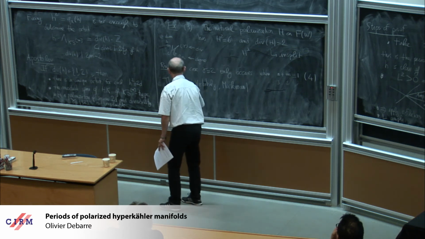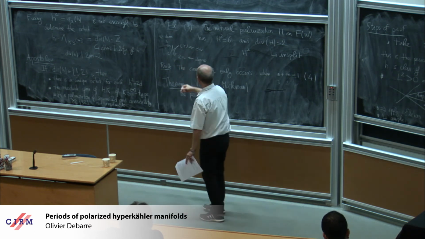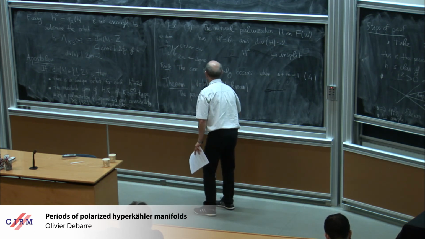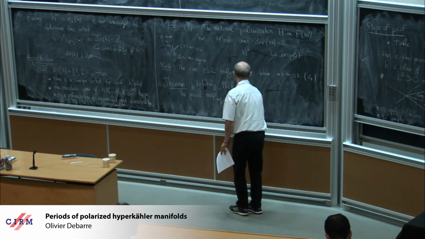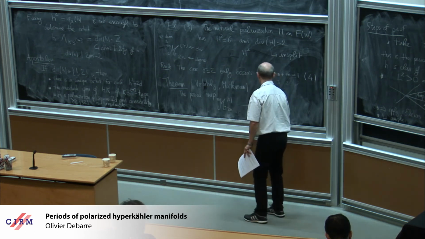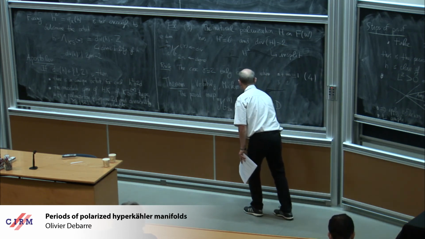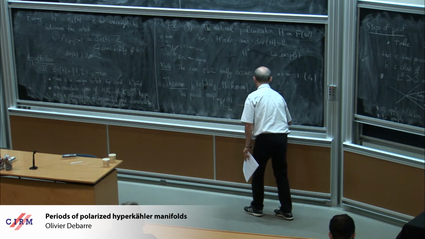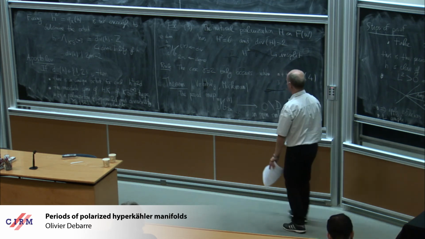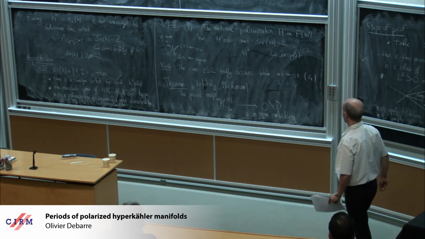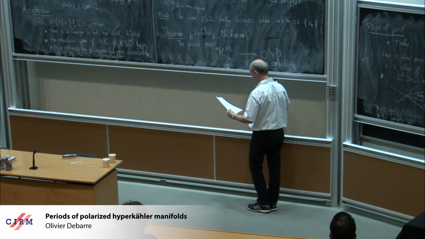It says that the period map, which goes from this moduli space with a lot of decorations on it to the appropriate period domain, is an open embedding. Of course, Verbitsky's theorem is much more general than that, but I don't have time to go into the general case. So the question we want to answer is: what is the image?